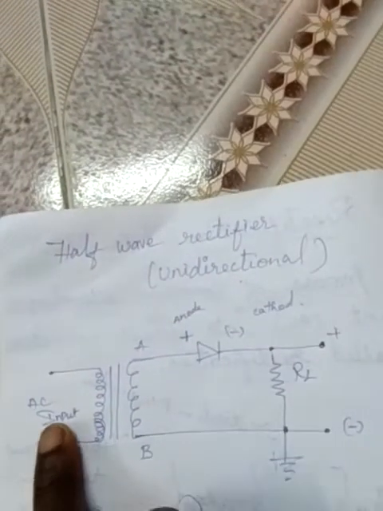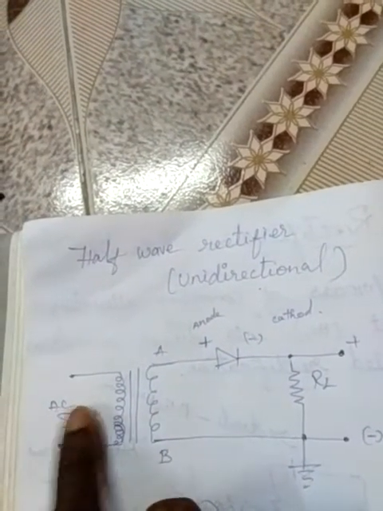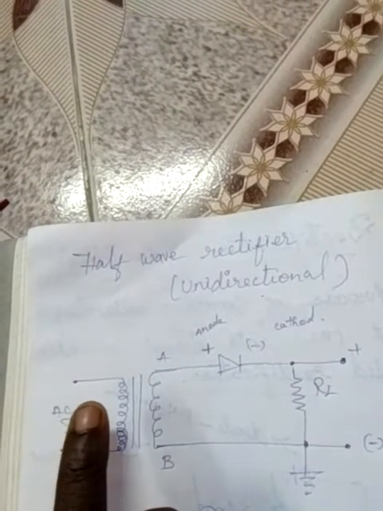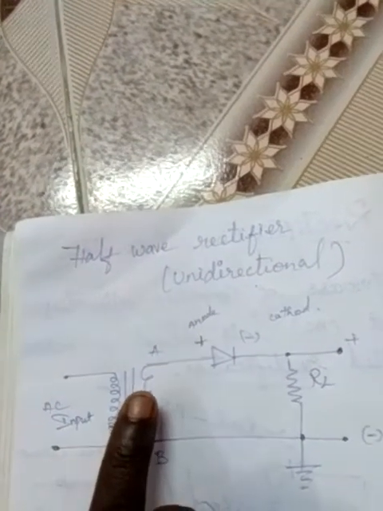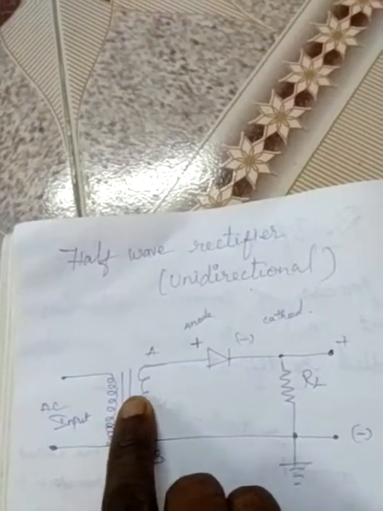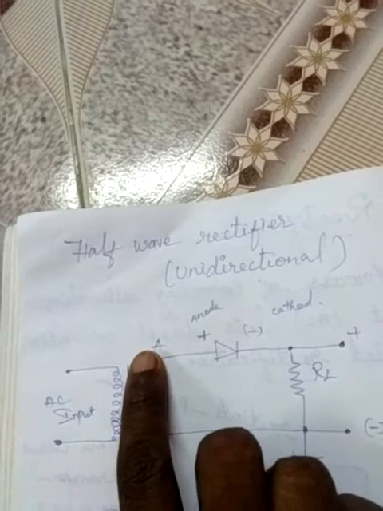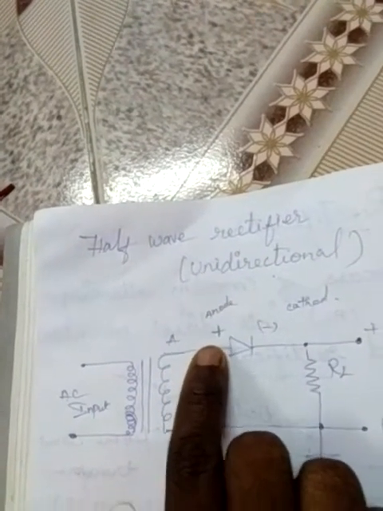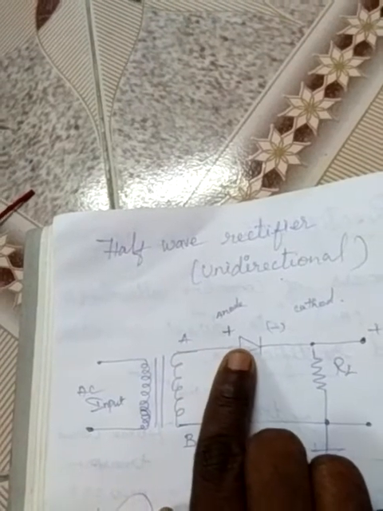Now take the example of 220 volts. The AC 220 volts is converted to 12 volts AC. Here the positive charge goes to the anode, so here also positive, here also positive.